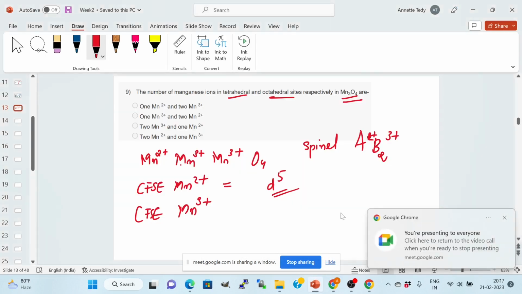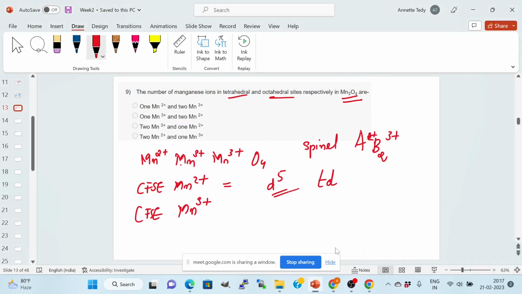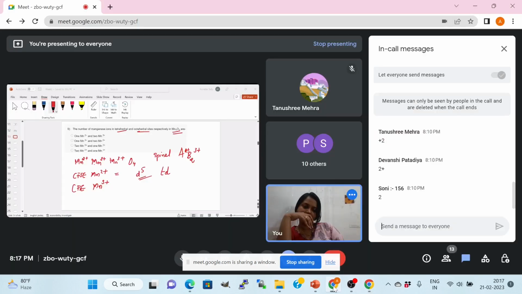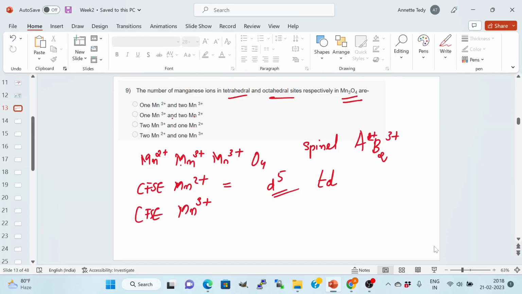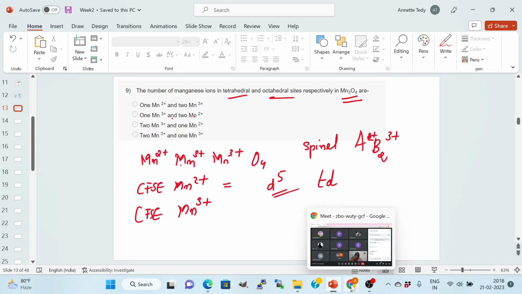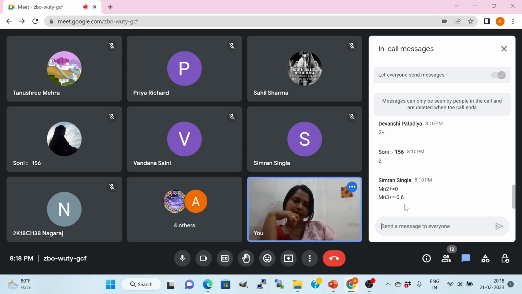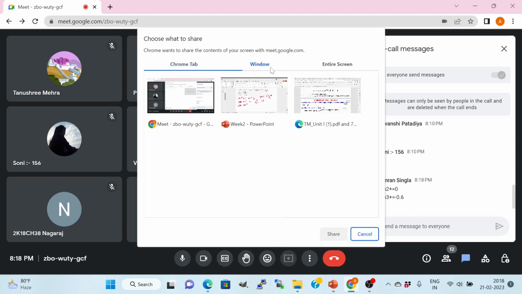Another hint is that this is a tetrahedral complex, since it is O4. Okay, maybe we can discuss now.